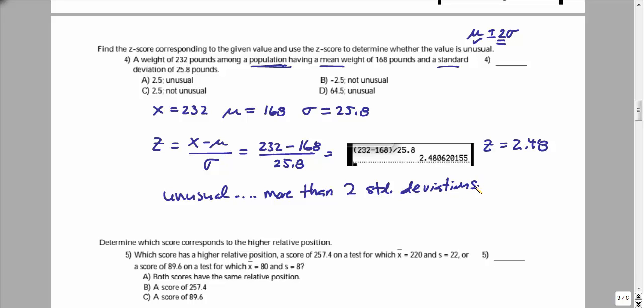And that's what the z-score is counting, the number of standard deviations above the mean. So let's go ahead and look at our options here. Definitely 2.5, so we could throw out this option and this one. Now I have to choose between these 2.5s, and I'm going to go that it is unusual because it's more than 2. So that would be letter A for 4.